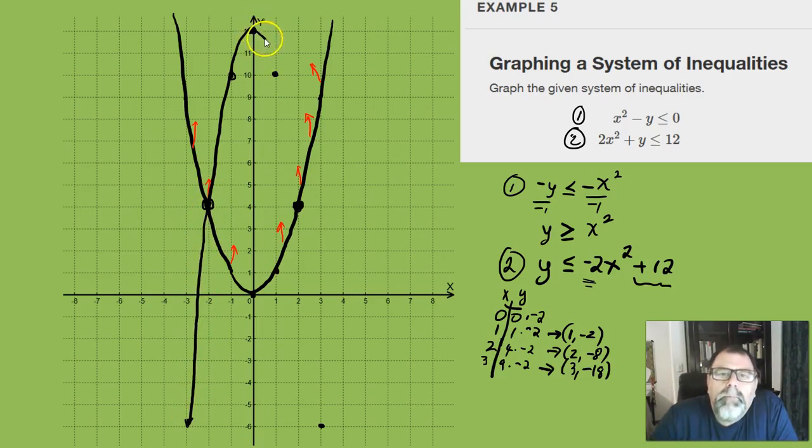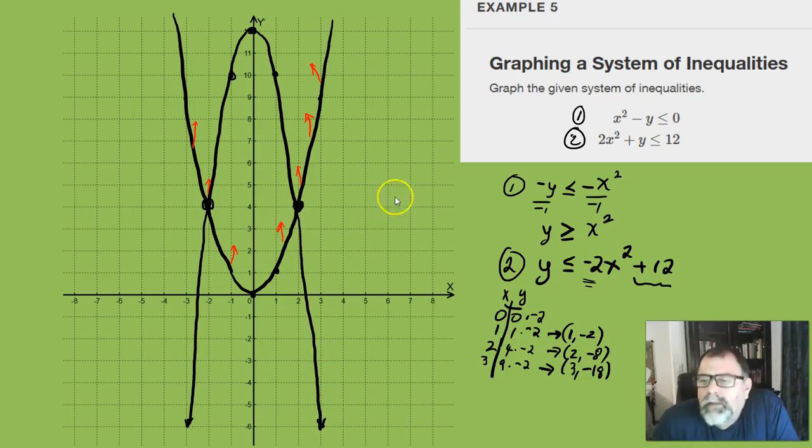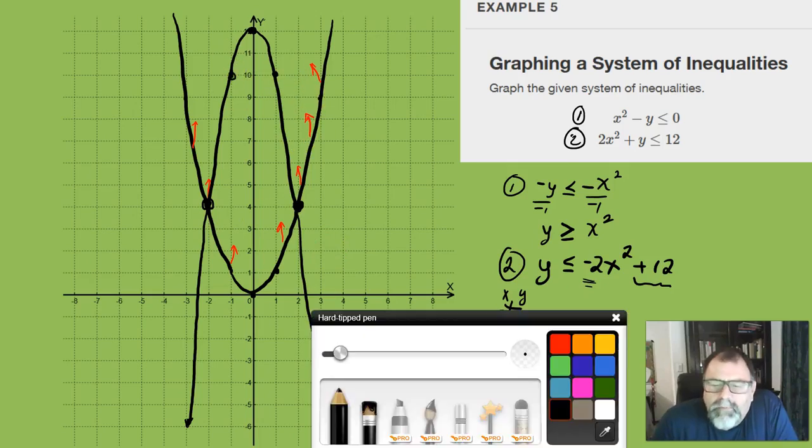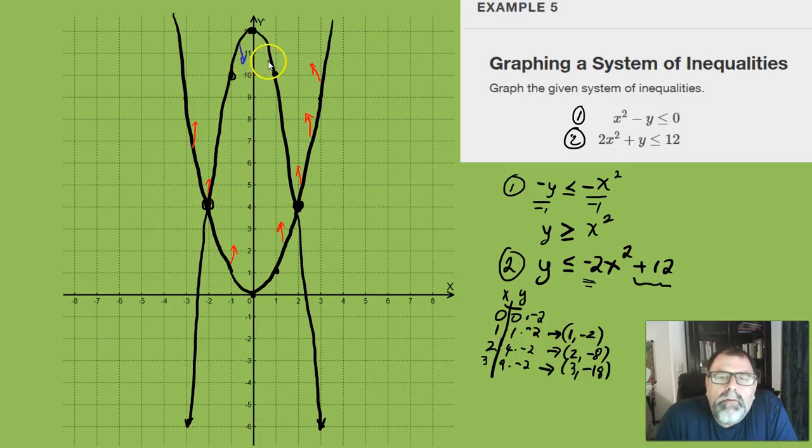And then we make my parabola. Not very good on that one, but hopefully you got the idea. Since I have it solved, I want y is less than, so I go anywhere inside my curve. Let's do blue for this one, going down, so that's on the inside. Basically I want the region that's inside both of these parabolas at the same time.